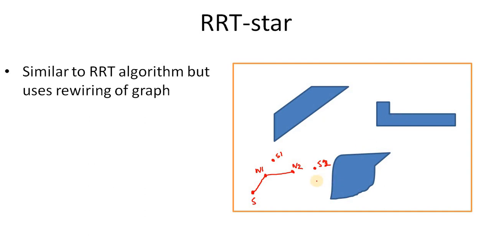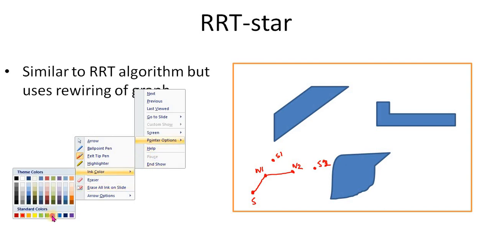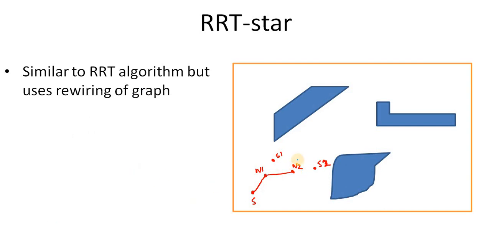But what's new in RRT star is that once it adds the new node to your tree, for example, we have added N2 to your tree which already has S and N1, then within a specific radius, let's say R, around N2, it looks for nodes where it can have a shorter distance.